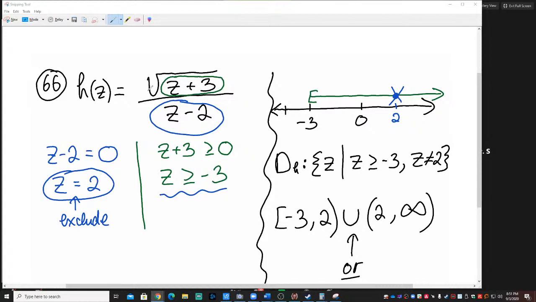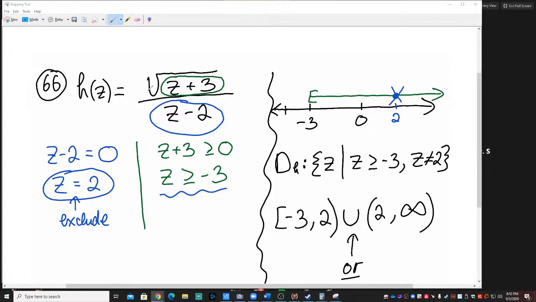So in our case, the smallest value in our interval is -3, and we want to include it because here we have that it's greater than or equal to, so equal to -3 is okay. Then we want to keep going to the right, and when we get to the value of 2, we want to exclude it. So that's why we put a 2 and we put in parentheses, but we don't exclude anything except just the point 2.